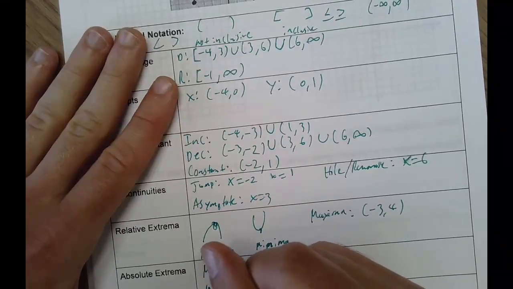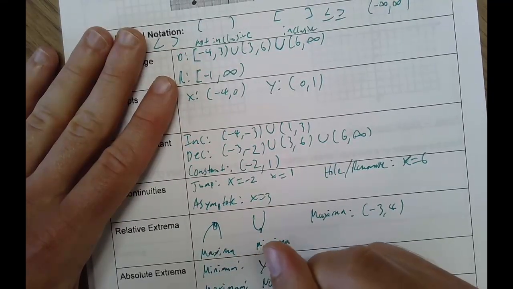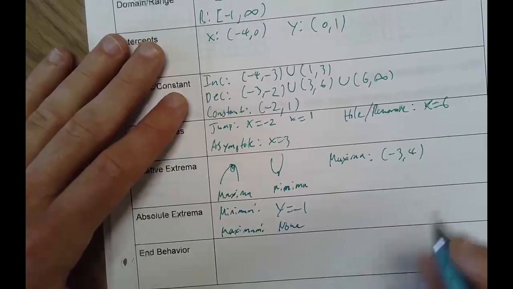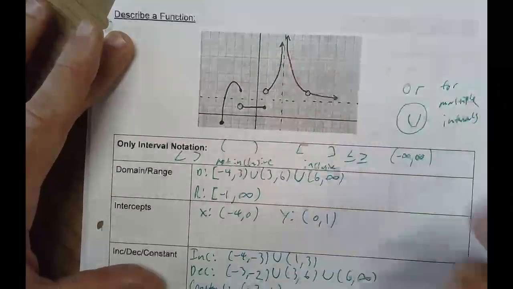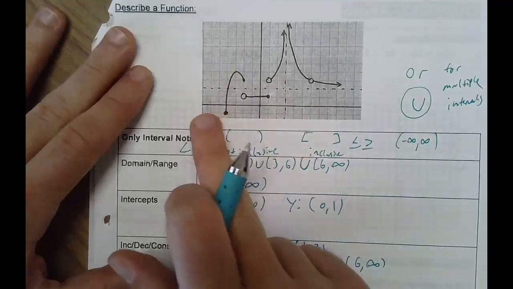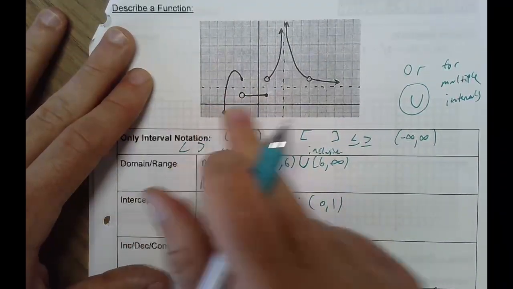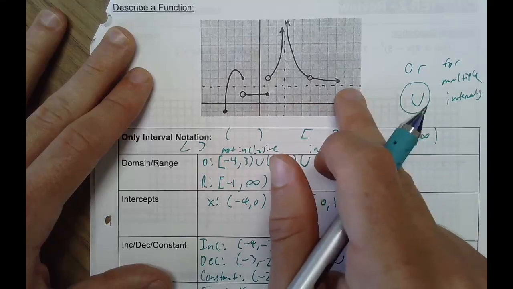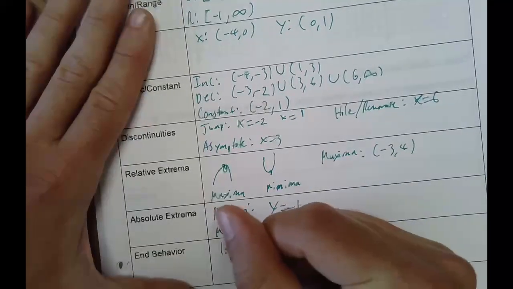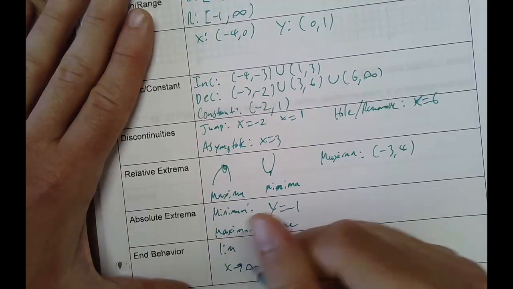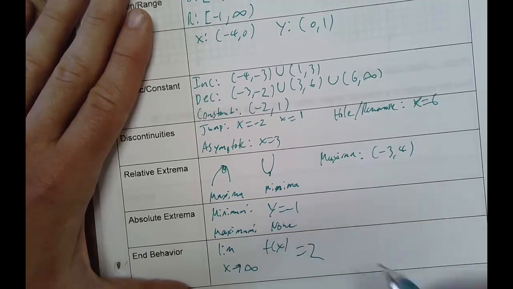So maximum, none. And end behavior, basically what are we doing as we approach infinity, negative infinity? Nothing's going on as we approach negative infinity, but as we approach infinity, our y value is 2. So we see the limit as x goes to infinity of f of x equals 2.